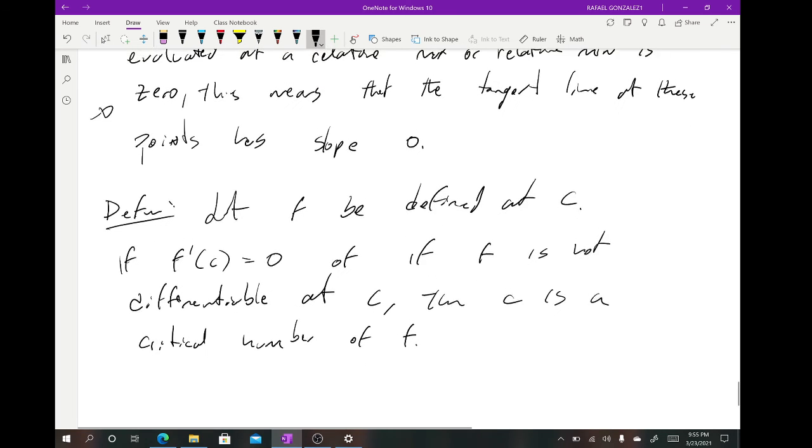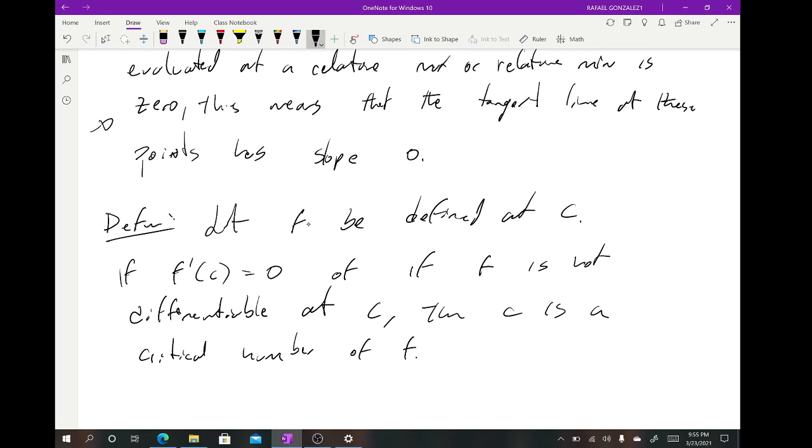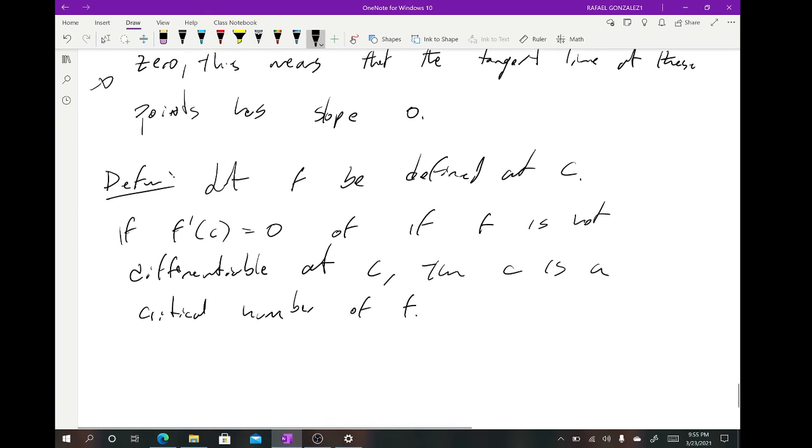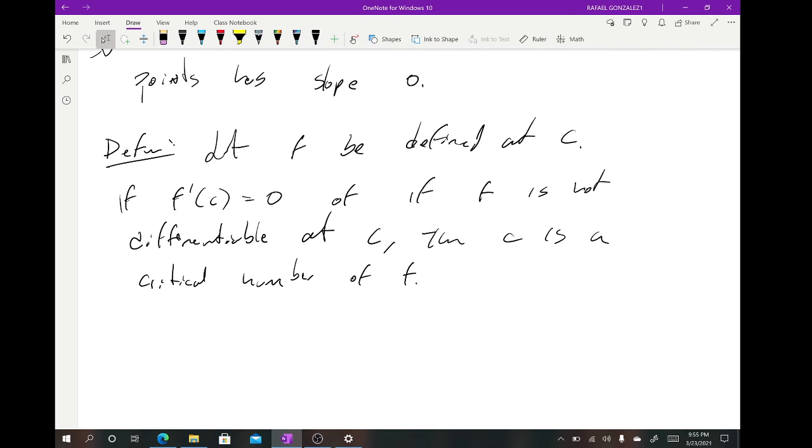So again, if the function f is defined at c, meaning that f of c exists, and if the derivative at c is equal to 0, or if it's not differentiable at that point, then this number c is called a critical number of f.